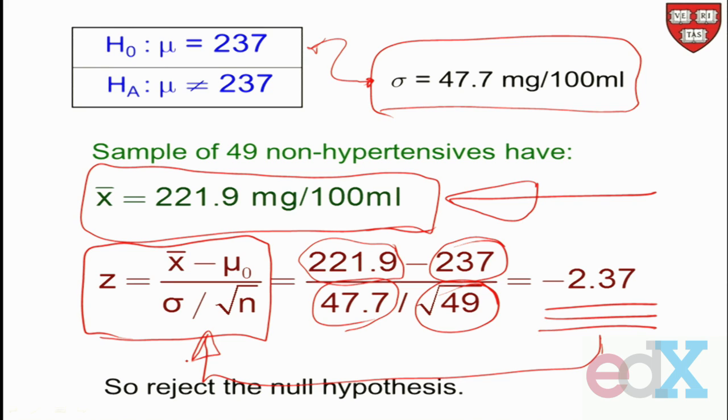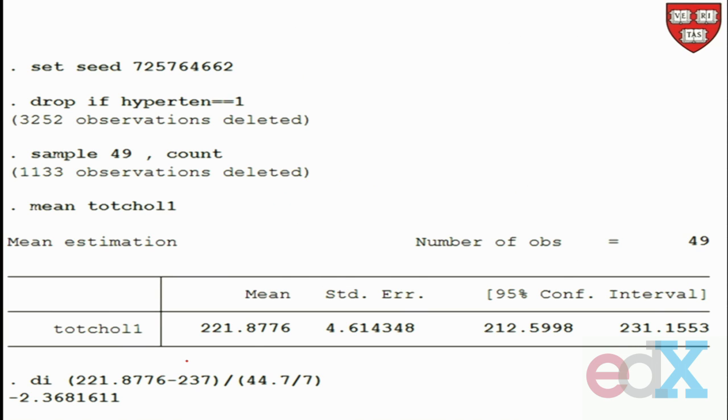What you do with that information is up to you, but the formalism of the hypothesis testing makes us reject the null hypothesis. And there is the seed. If you want to repeat what I just did, drop everybody who's hypertensive. That's how I defined it. And then take your sample of size 49, and there's the sample mean.